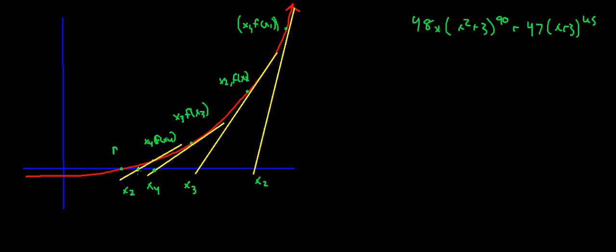These intercepts will never actually equal r because I'm going to continue to be taking the slope of something that's just in front of r. So this will get infinitesimally close eventually, and then x6 will be somewhere here, and x7 will be somewhere just in front of it.